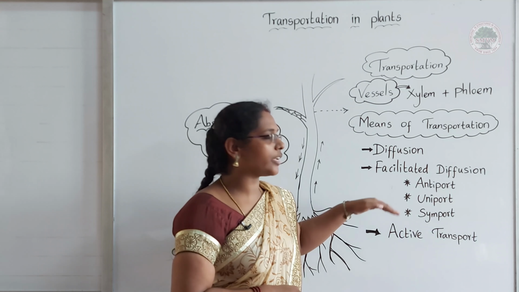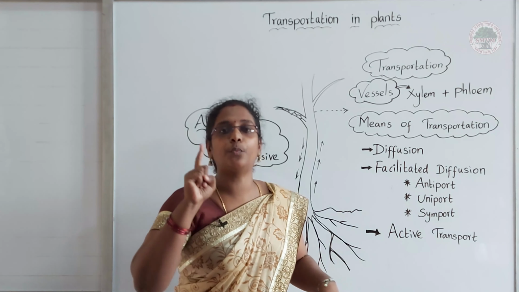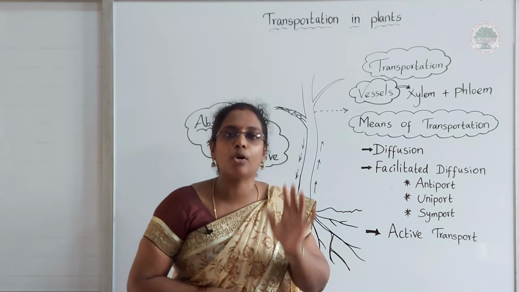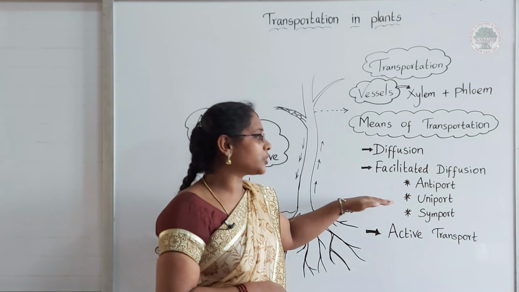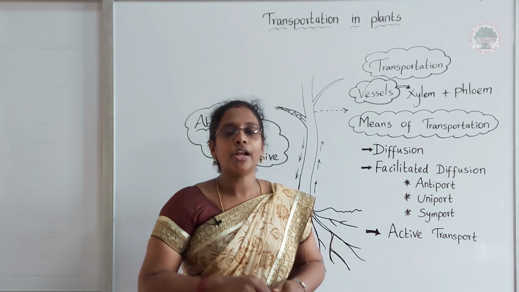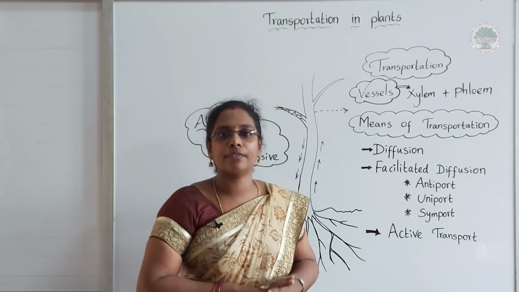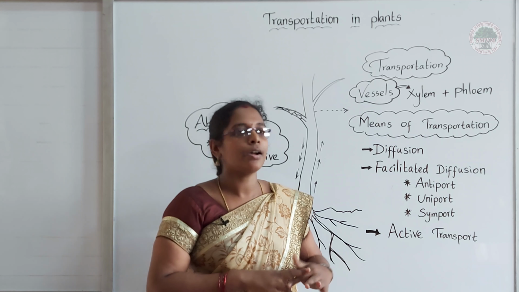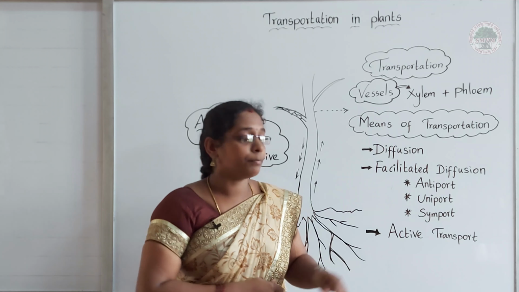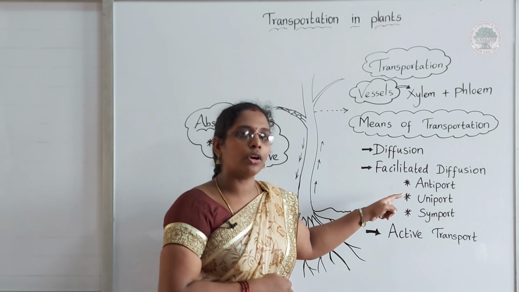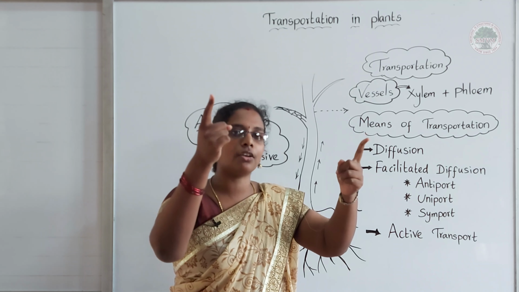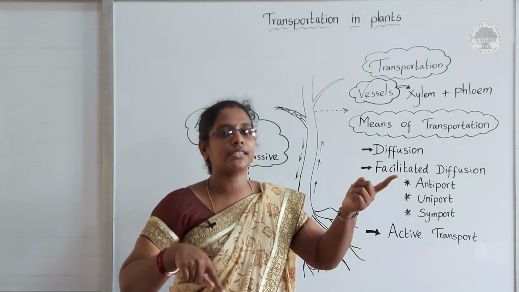Now in the case of uniport, only one kind of solvent passes at a particular moment. So that is called uniport. In the case of symport, two different kinds of solvents can pass at the same time in the same direction. But in the case of antiport, if one solvent has entered inside, another solvent can come out of that place.